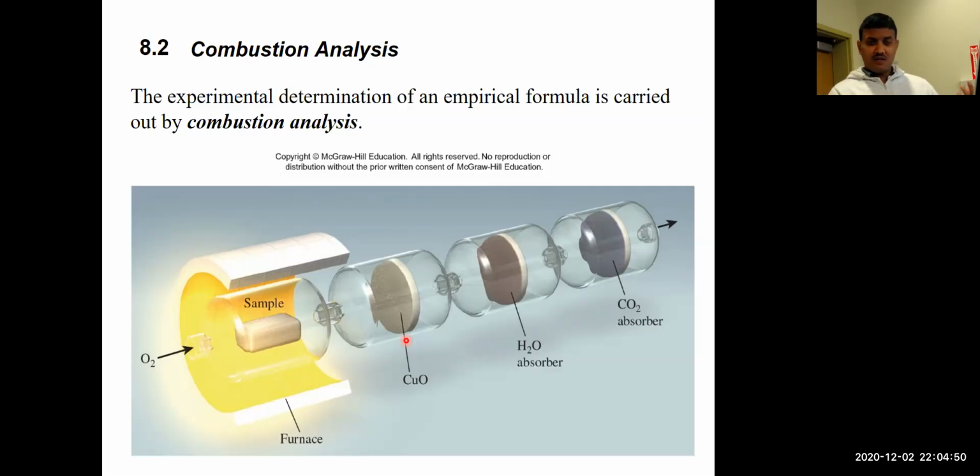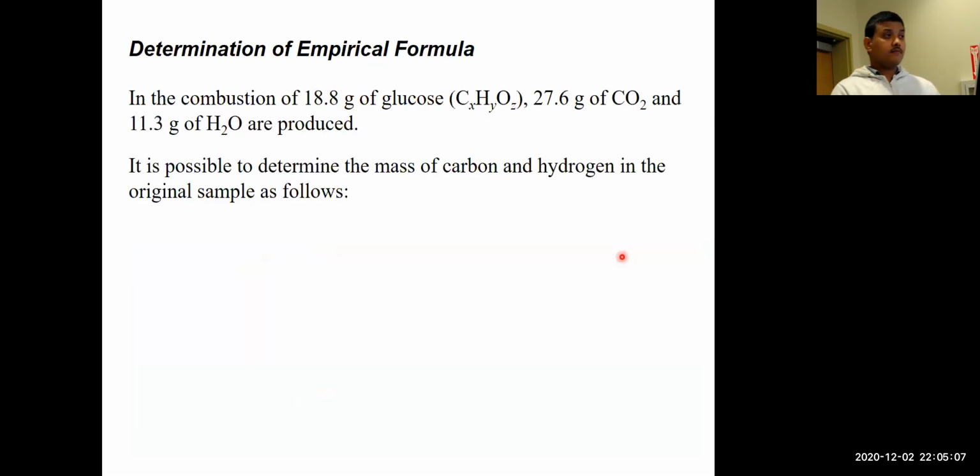So how do they do it? If anyone is curious, they have the masses of these absorbers before and after the chemical reaction, and based on the weight difference, they can tell how much H2O and CO2 is produced.